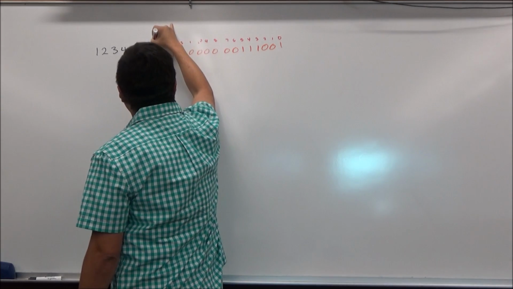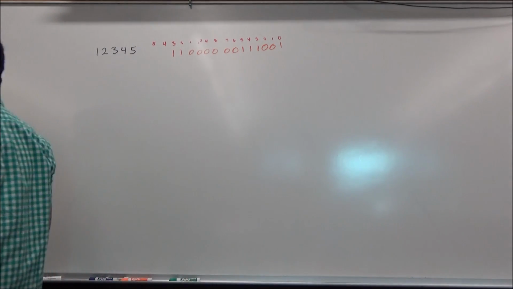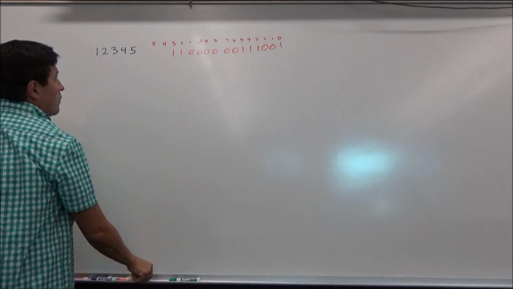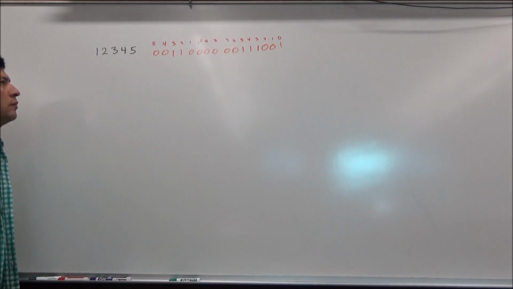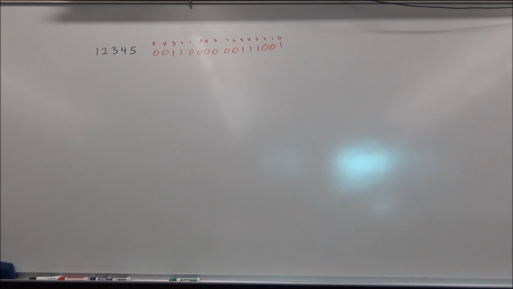So if we have a 16-bit, let's say. If it's 32 bits, the other 16 bits will be just zeros. So that is binary 12,345, right?